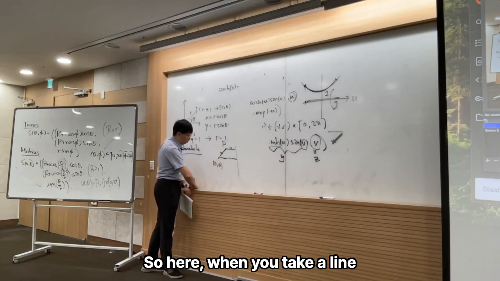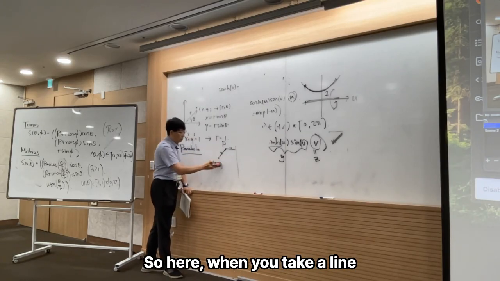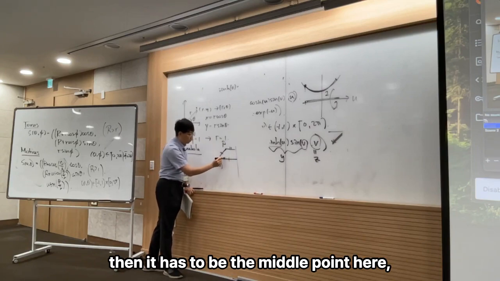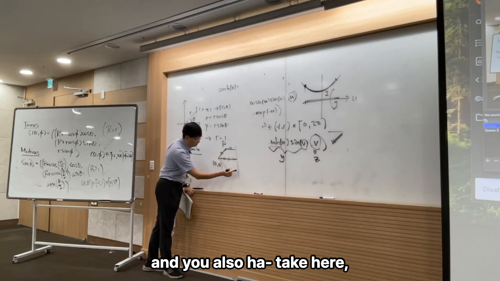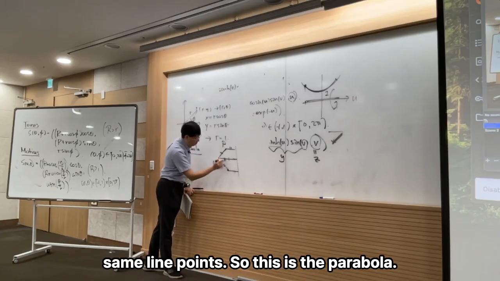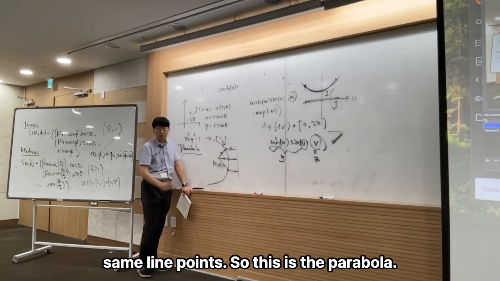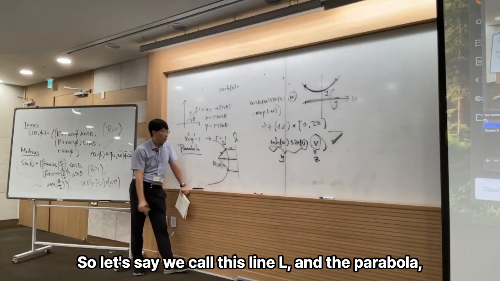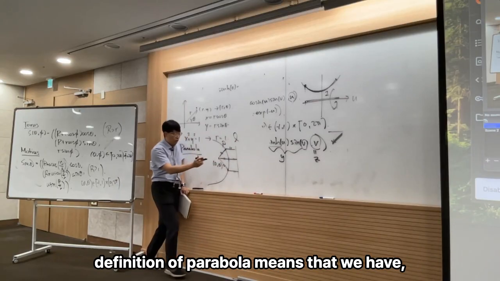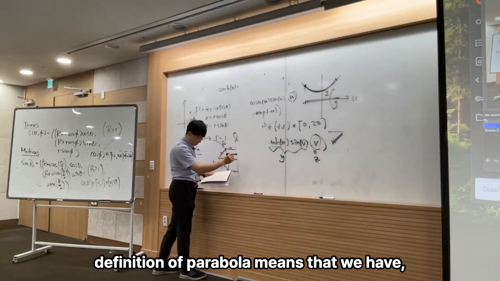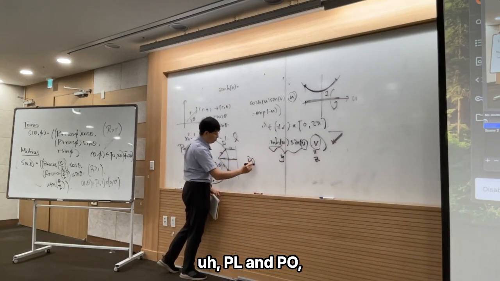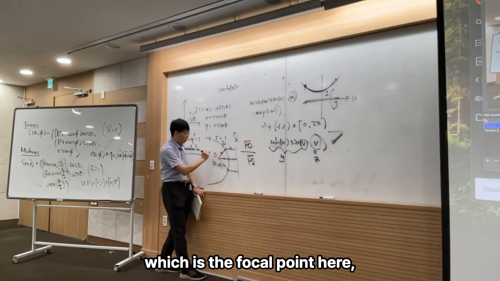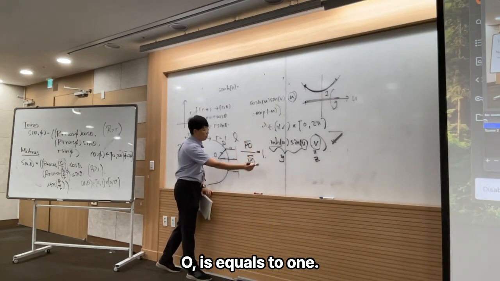When you take a line perpendicular here, it has to be the middle point here. So this is the parabola. Let's call this line L. The definition of the parabola means that PL and PO, where O is the focal point, are equal.